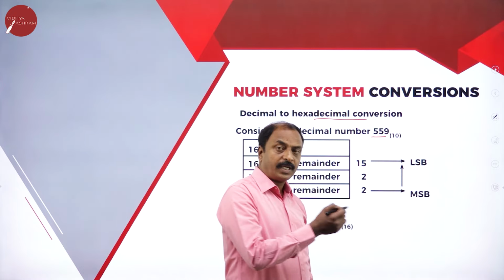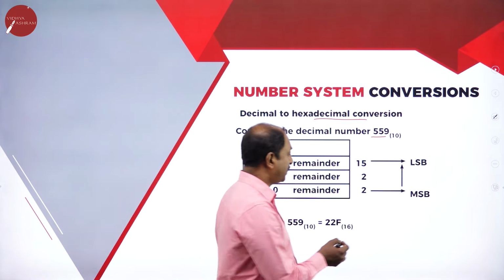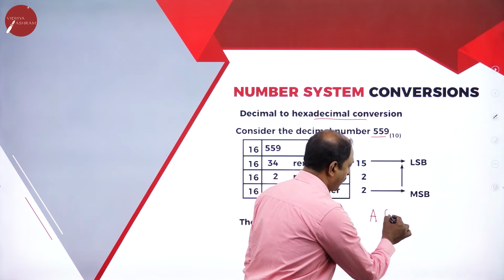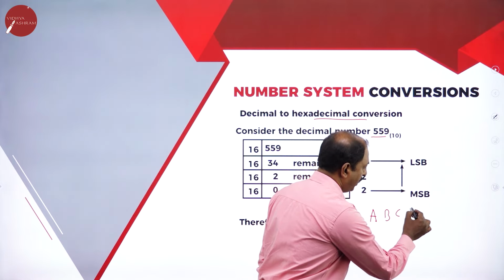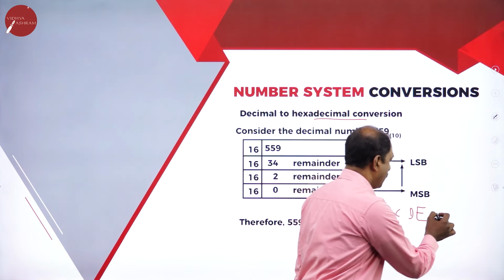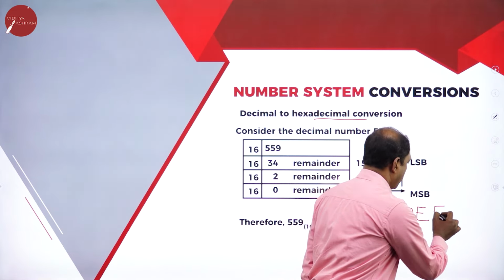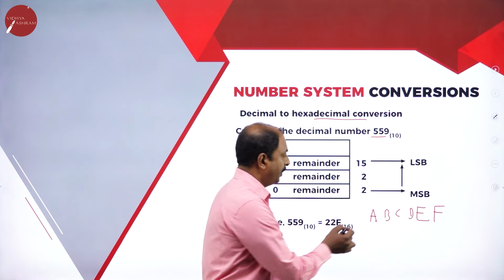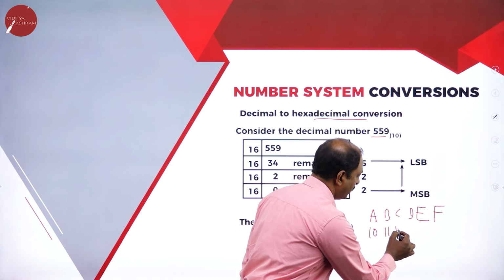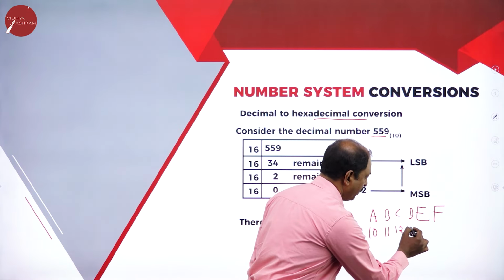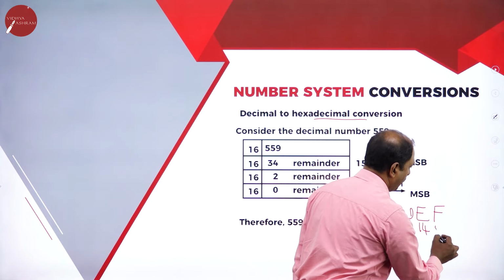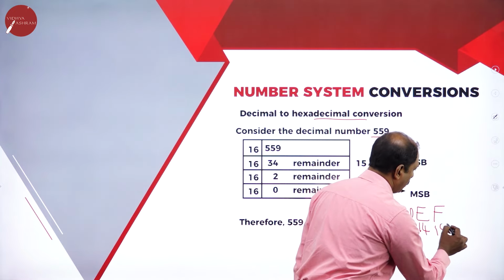As you have seen in the hexadecimal number system, after 9 we have the letters A, B, C, D, E and F. Here these are equivalent to 10, 11, 12, 13, 14 and 15.